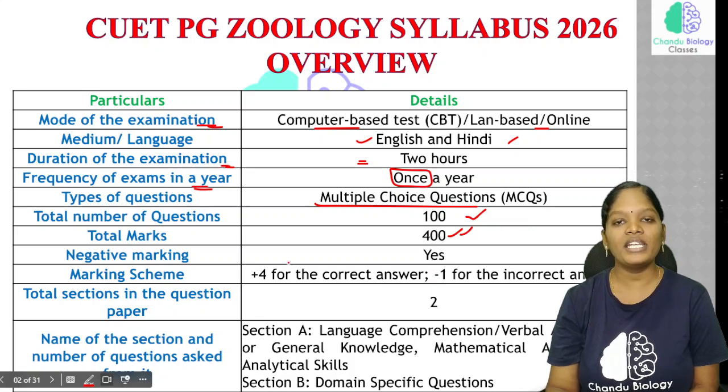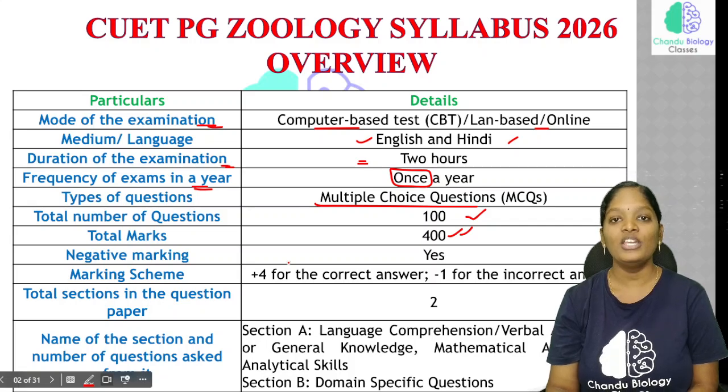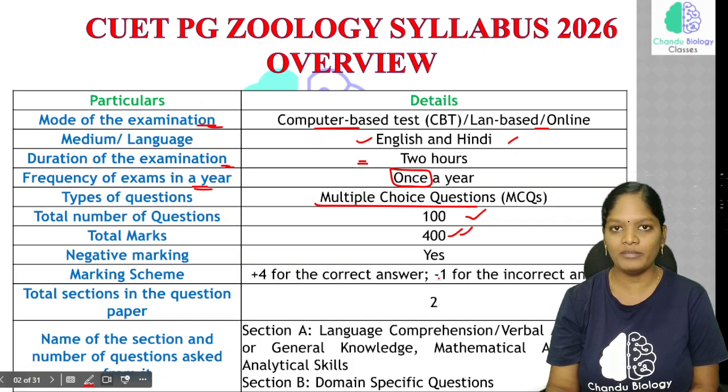There is definitely negative marking, so you should be very cautious with that, because you can lose marks very easily. The marking scheme is 4 marks for a correct answer and -1 for a wrong answer.